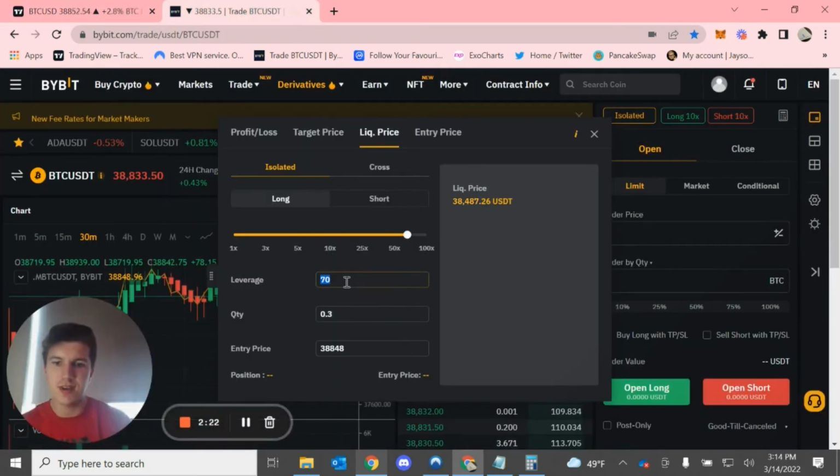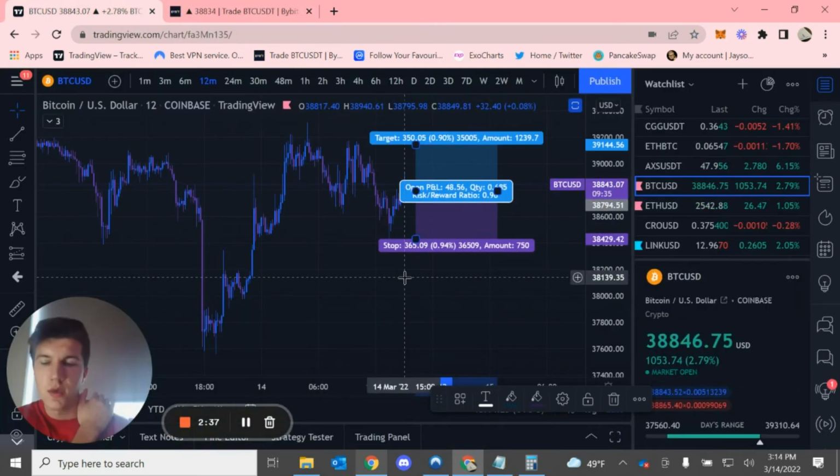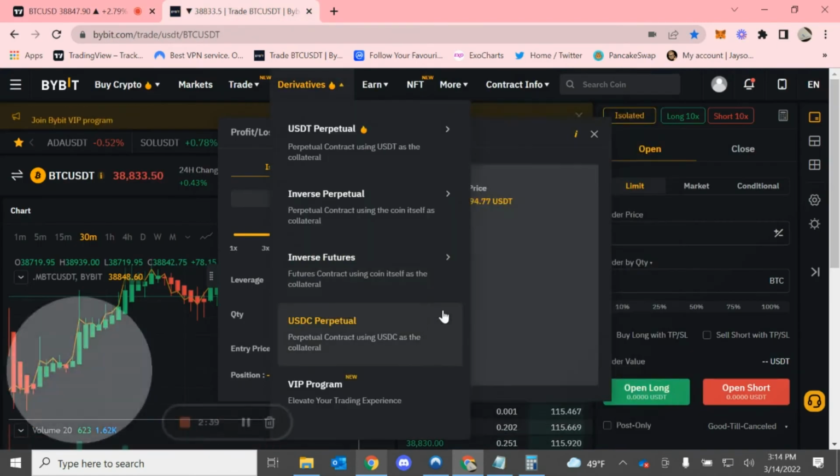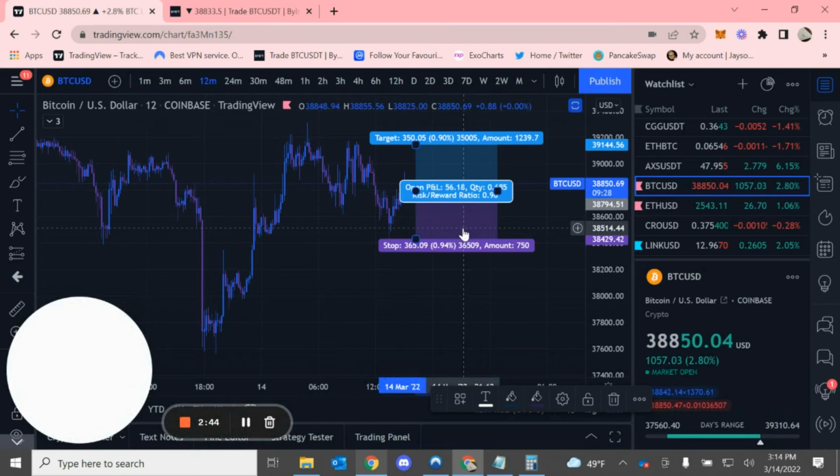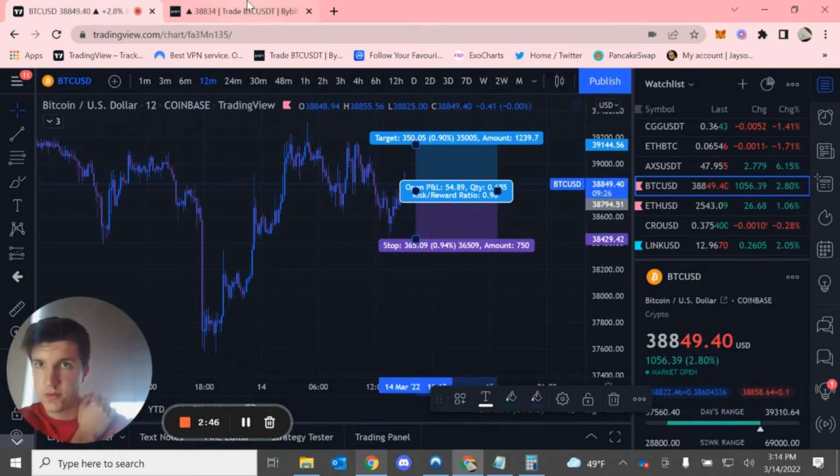So we'll try 60. And really, you see how I'm kind of fiddling around with this. And finally, we do get a liquidation price that is lower than our stop loss. And so with this, I would probably use 60x leverage in this optimal trade.